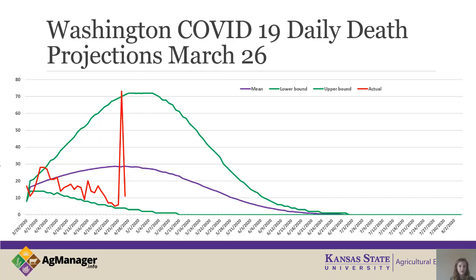Washington, we've also seen huge variance in terms of actual deaths since then. As you can see, this purple mean here really had a pretty wide prediction interval, and so we really only stepped out of that a little bit right here, but there's been really a huge amount of variance in Washington's actual and really hasn't tracked along the mean as much as we expected it to at all.